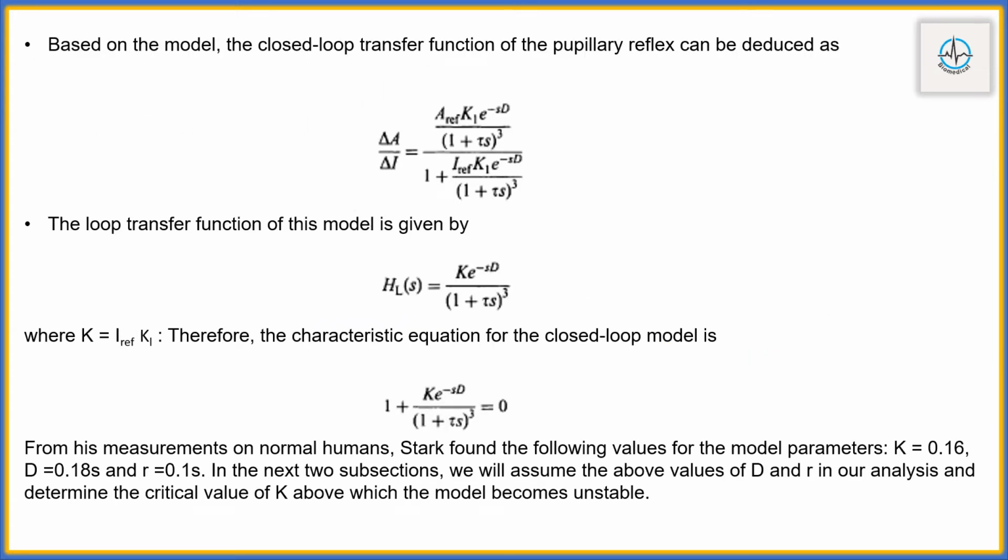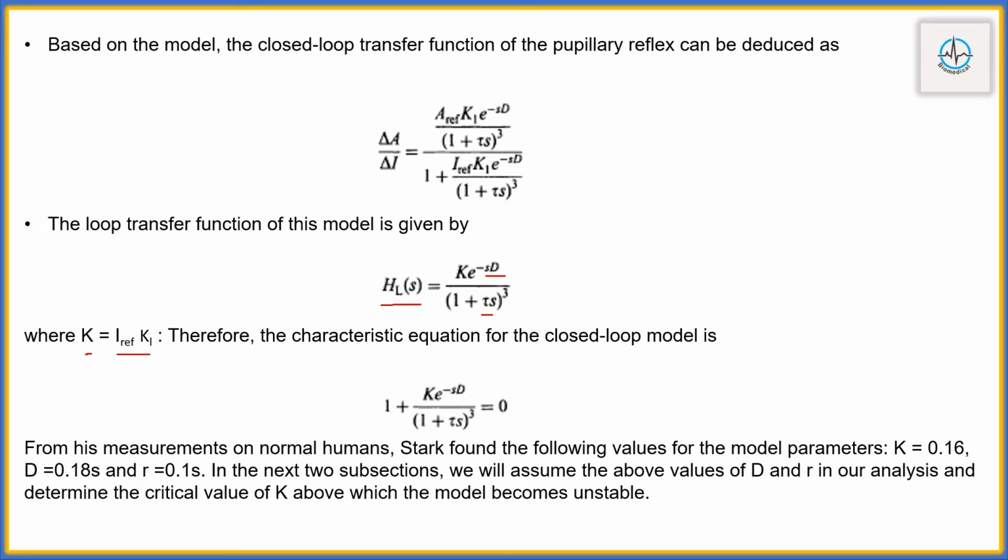Based on the model explained in the previous slide, a closed-loop transfer function of the pupillary reflex was deduced. The loop transfer function of this model was given by HL(s) equals K e^(−sd) divided by (1 + τs) the whole cube. Here, K is equal to Iref, the reference intensity, times k.